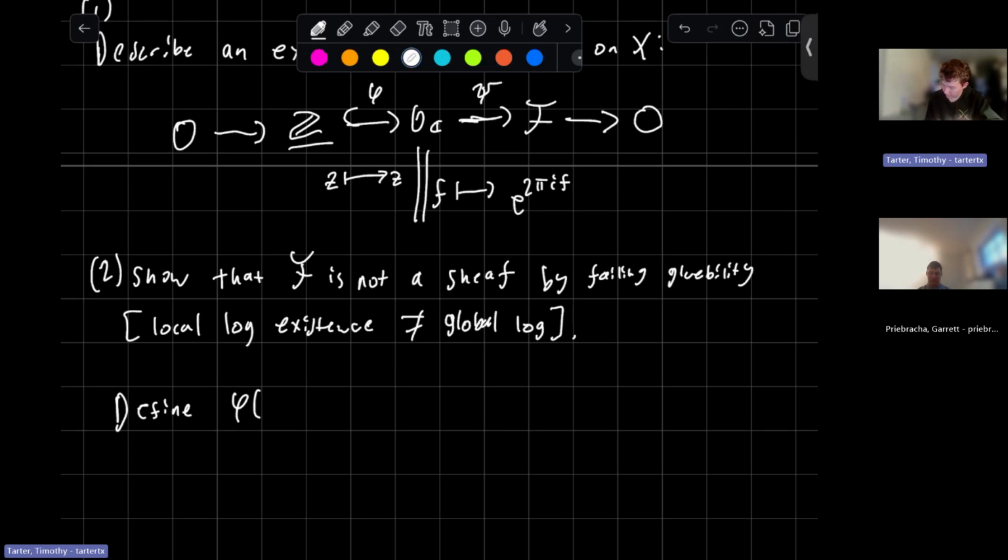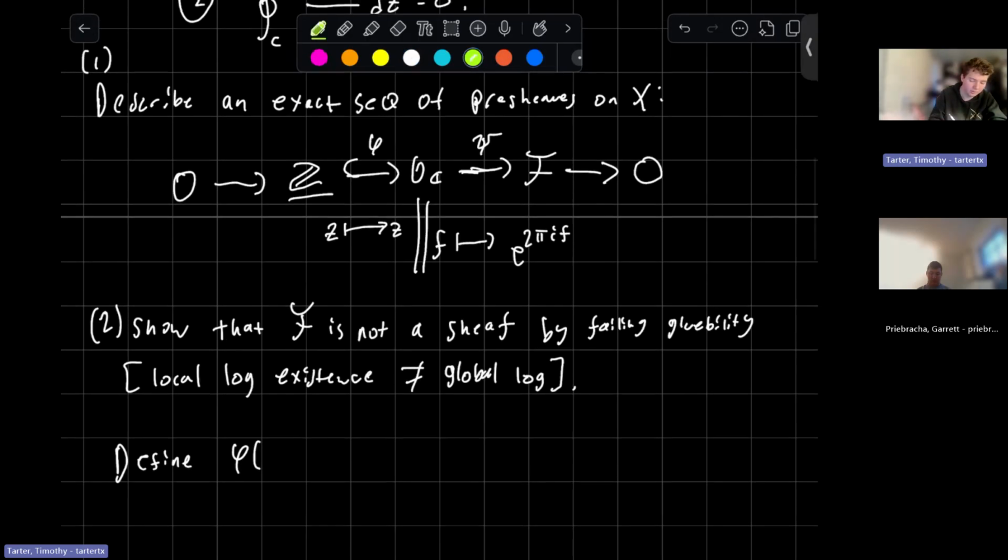So it's just that every open set is equal to Z. So every section of Z underline U is equal to Z.